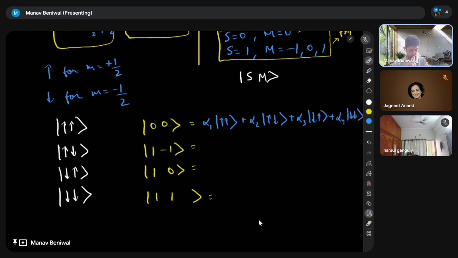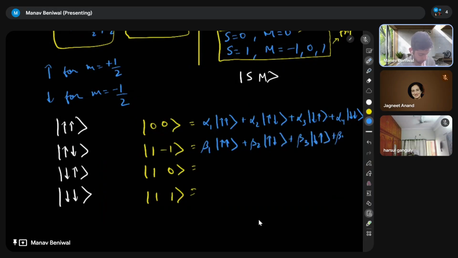I can do the same thing for the remaining, and instead of alpha let me write beta: beta 1 up up, beta 2 up down, beta 3 down up, and beta 4 down down.